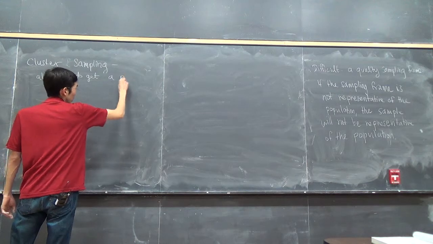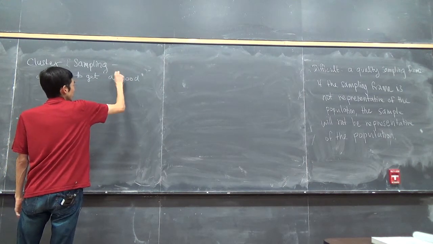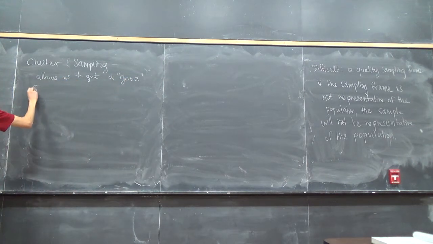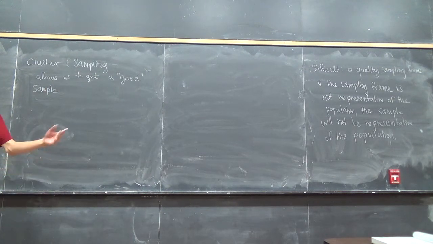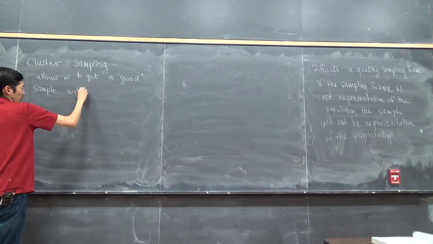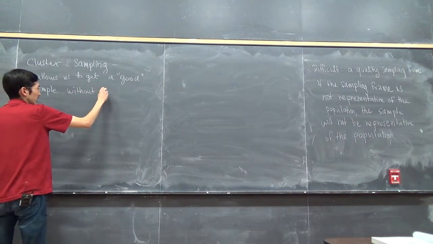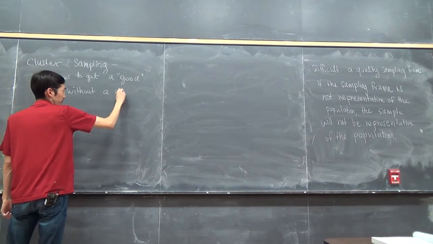You know, good is subjective, okay? A good sample, good being about as representative of the population as we can hope for, okay? It allows us to get a good sample without a sampling frame.